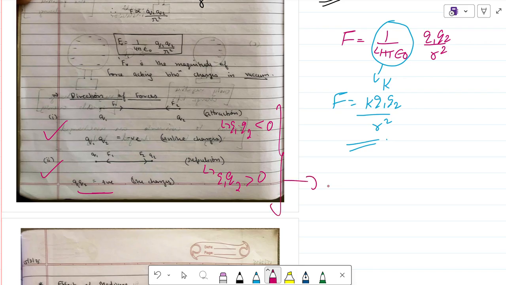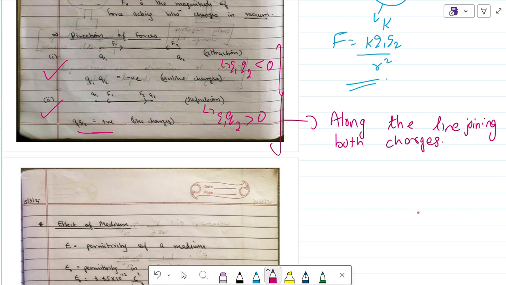So this is always along the line joining both charges. Okay. So what is this line joining both the charges? Here is Q1, here is Q2.